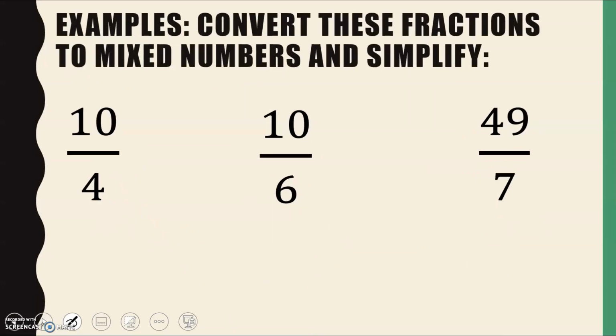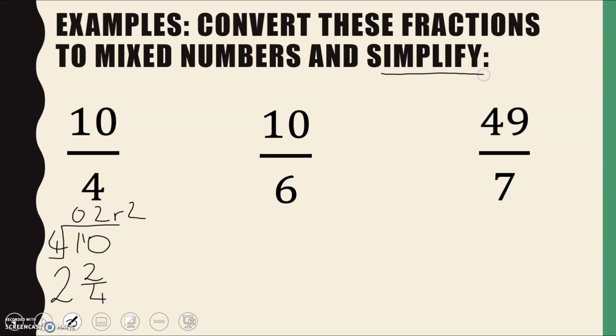Okay, convert these fractions to mixed numbers and then simplify. So we've got 2 steps this time. To start with, well, 4 goes into 10, can't go into 1, but it does go into 10 twice with a remainder of 2. So that is telling me that I've got 2 whole numbers and then I've got 2/4. But remember, we always check if we can simplify our fractions.